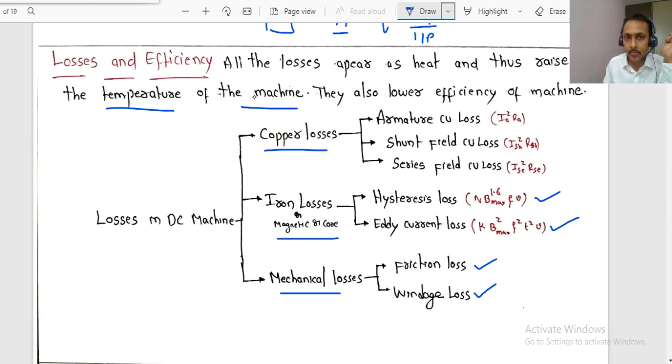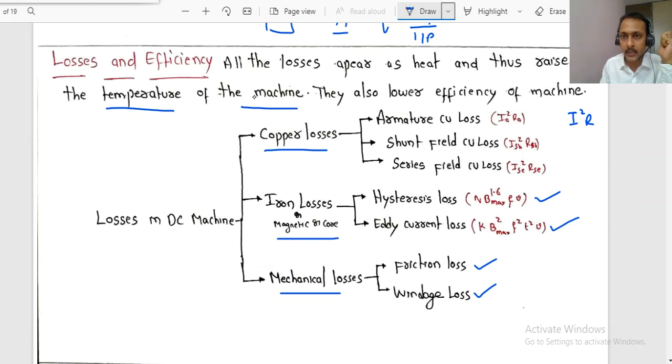If we observe, these copper losses are mainly due to the flow of current in the armature winding, shunt field winding, or series field winding. The magnitude of loss, how much power is lost, is given by I squared R, the current flowing in that particular element and the resistance of that element.